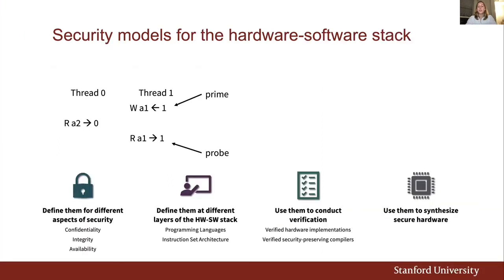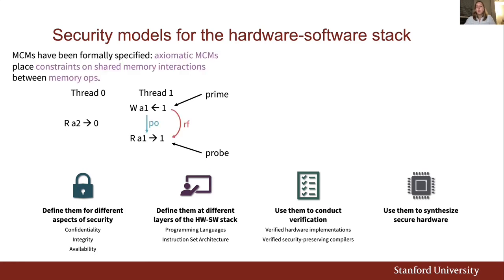The second project involves specifying security models to facilitate formal security reasoning throughout the hardware-software stack. Consider the program on the left-hand side of the slide. This program is a compact representation of a prime and probe cache side channel attack that could be synthesized by CheckMate. Formally specified memory consistency models place constraints on shared memory interactions that can take place between memory operations in a program.